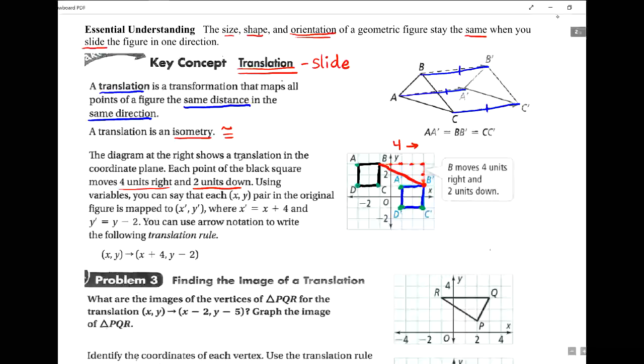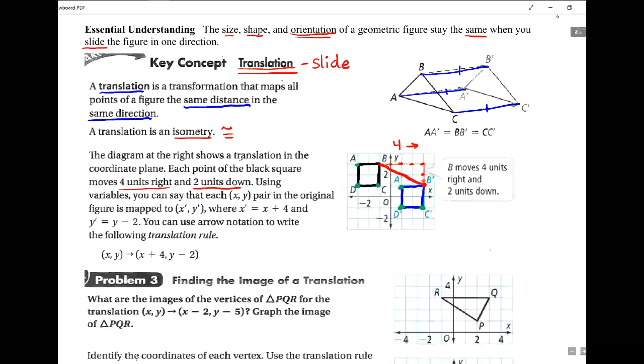And you can see that these are all moving the same distance in the same direction. Every point on this figure moves over 4 and down 2. We focus on the vertices because then we just draw straight lines in between them. But every point on this figure is going to move the same amount.